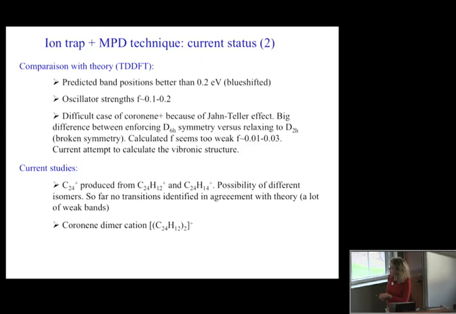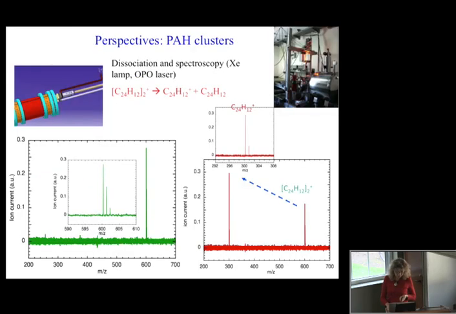And we are also working on the spectroscopy of the coronene dimer cation because we are interested in the properties of this PAH cluster as a candidate for the very small grains. This is some first experiment in which we produce them in situ in the trap.